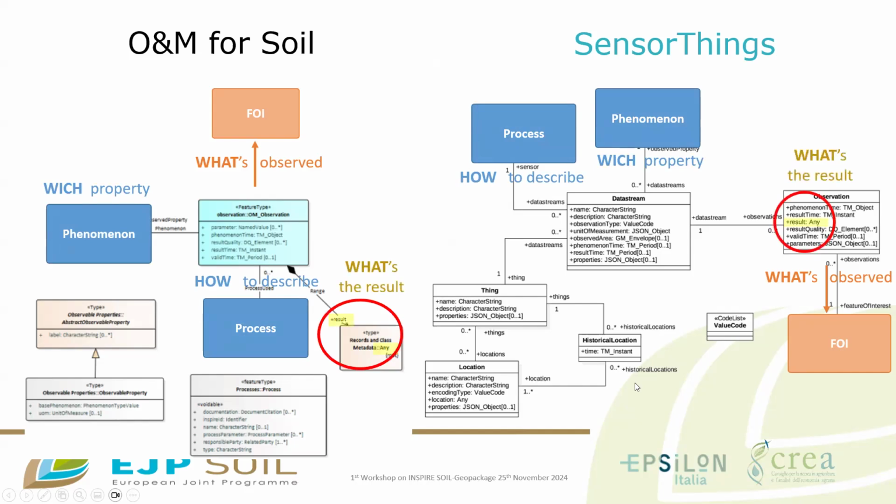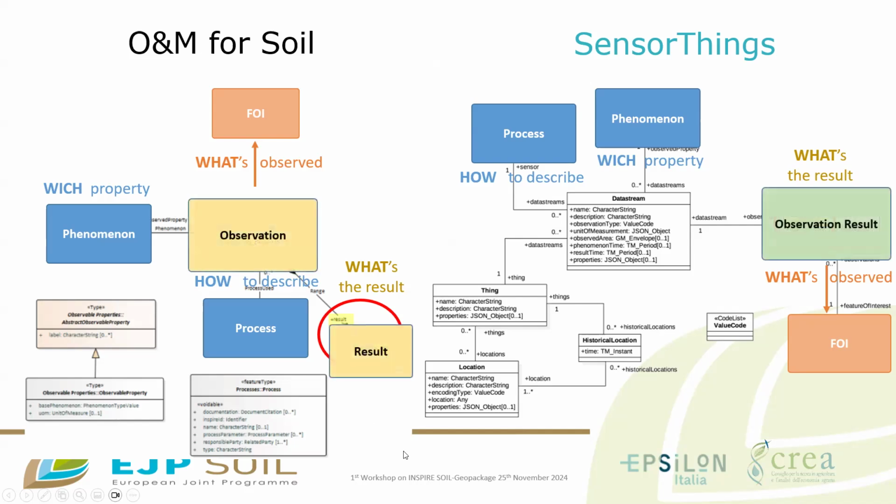And we have also the result, which in the Sensor Things is contained in the observation class, and in the O&M is a record and class metadata type.